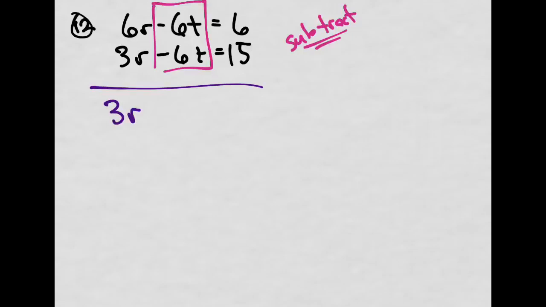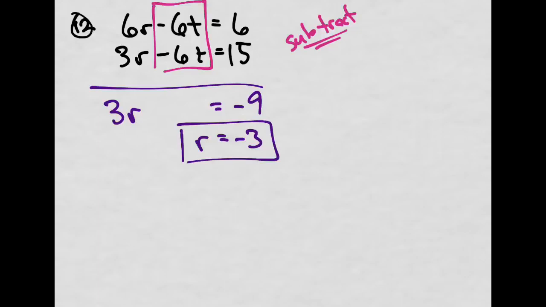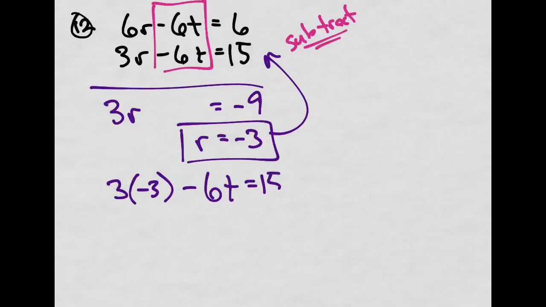Minus 6 minus a minus. So that'd be minus 6 plus 6. That got eliminated. 6 minus 15. Negative 9. Which means that r equals negative 3. And then that plugs back in. 3 times negative 3. I'm going to use that second equation. Minus 6t equals 15.